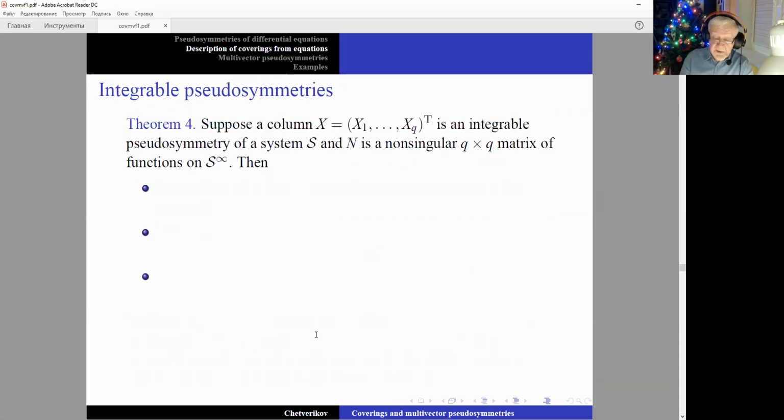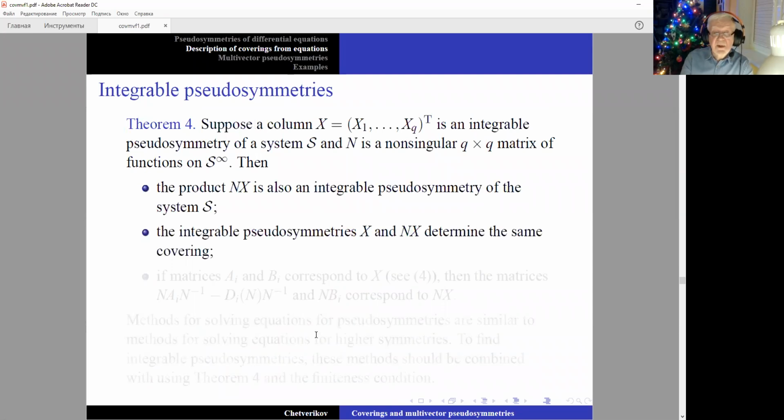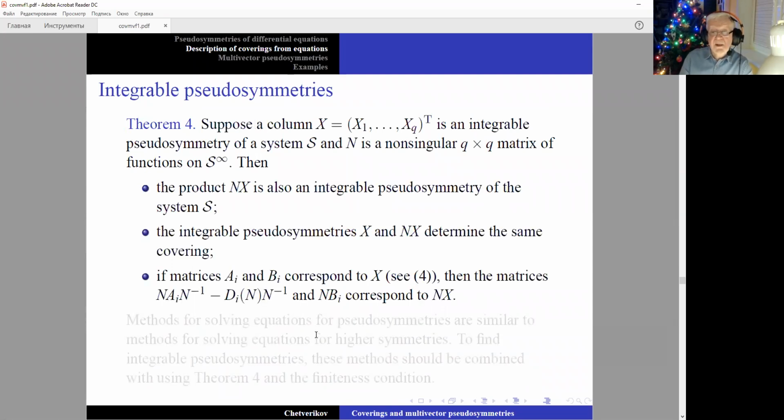The following theorem gives one of the differences between pseudosymmetry and symmetry.